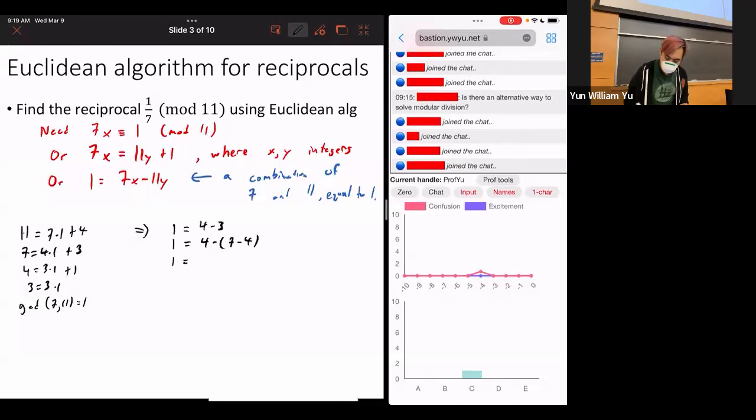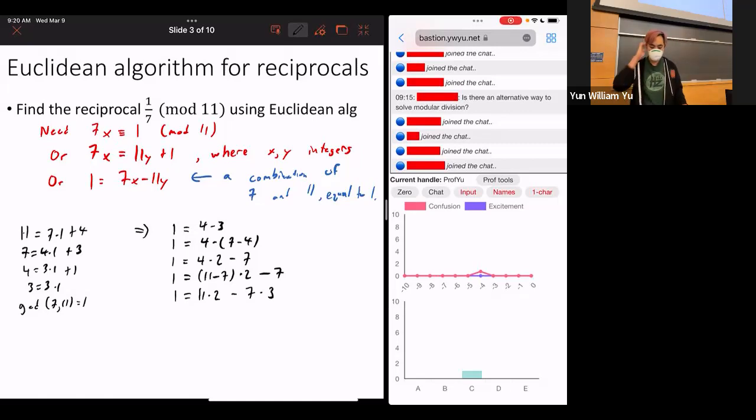So then 1 is equal to 4 times 2 minus 7. And 1 is equal to, replace the 4 with 11 minus 7, so (11 minus 7) times 2 minus 7. So then 1 is equal to 11 times 2 minus 7 times 3. And now all of a sudden, we've written 1 as a linear combination of 11 and 7.